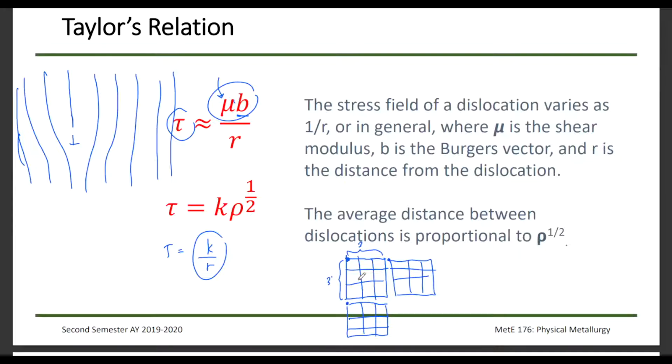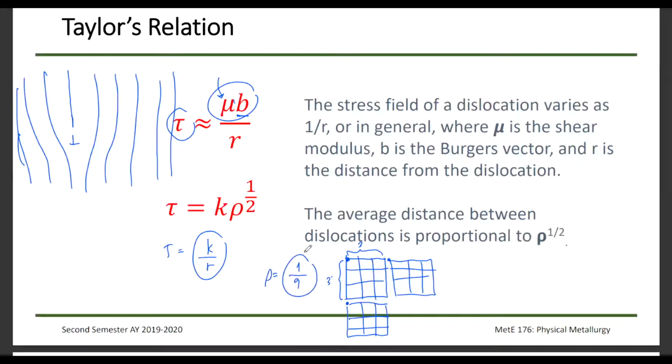You'll notice that if you have a scenario that looks like this, then the dislocation density is actually 1 per 9 unit area. Tama? 1 over 9. And therefore, si dislocation density natin, this is the dislocation density, no?